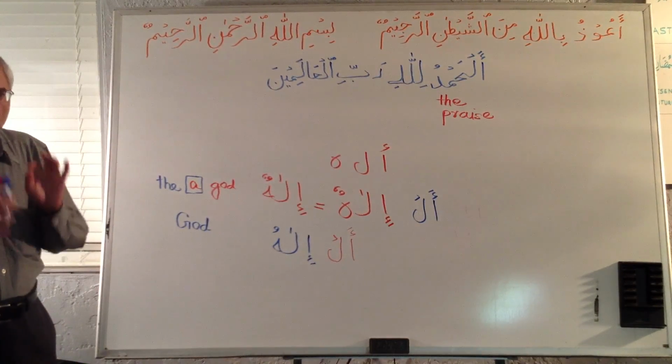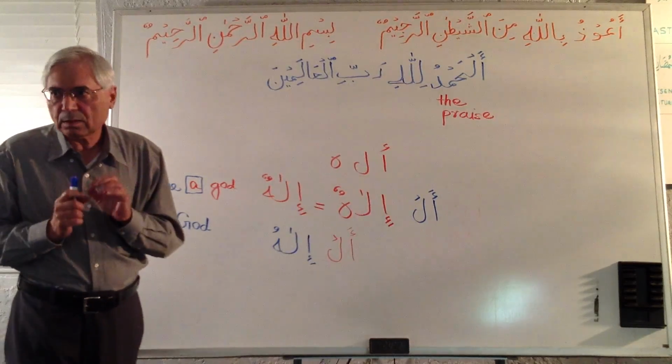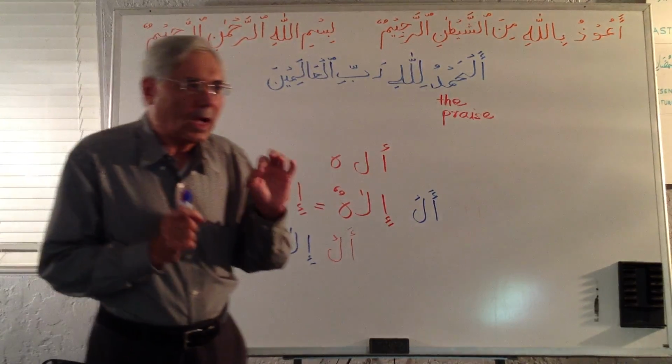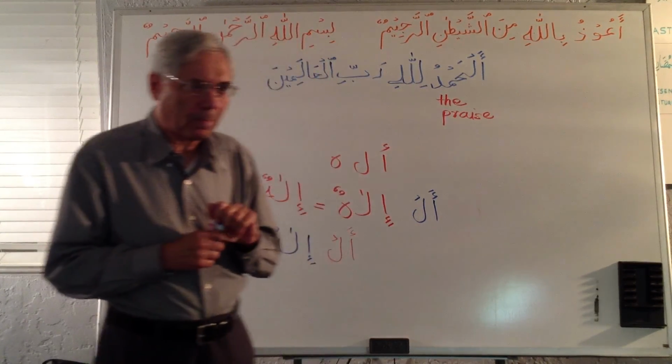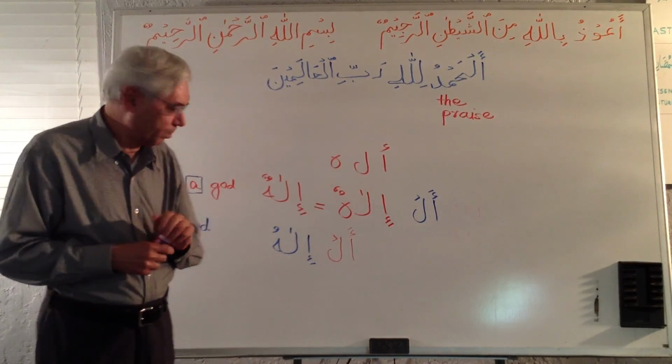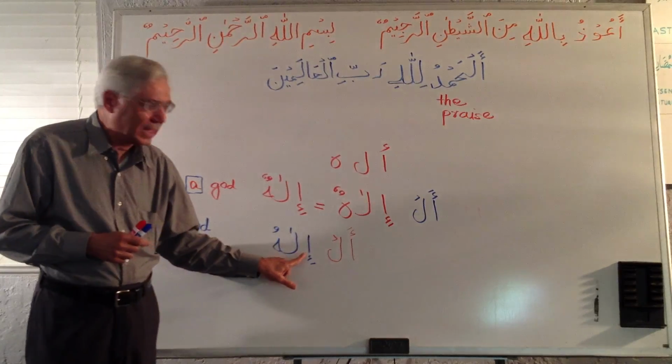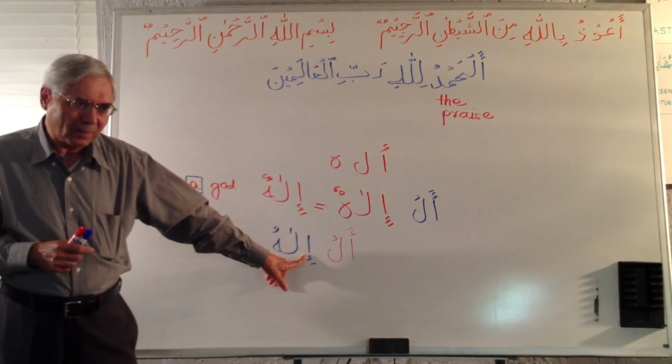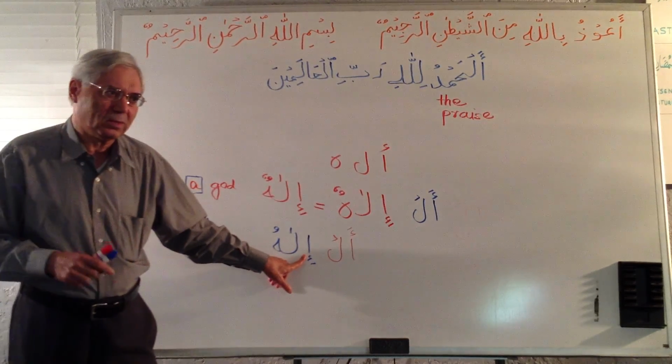So now the word is al-ilahu. When we combine two words in Arabic, where the second word has an alif in the middle, we don't pronounce that.